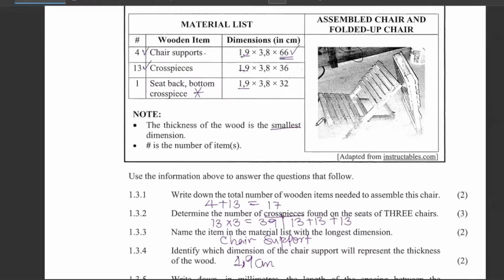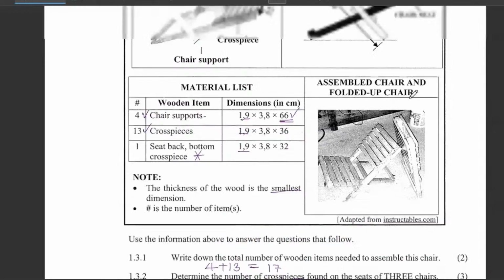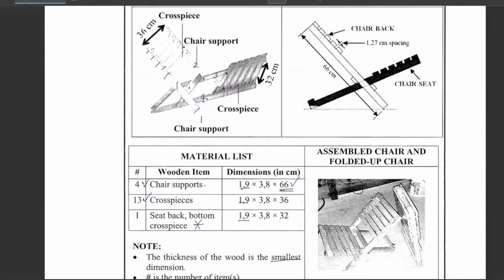1.3.5. Write down in millimeters the length of the spacing between the cross pieces of the back of the chair. Here they have already shown you in the diagram. The cross back is here, the spacing is this one here. They want it in millimeters.